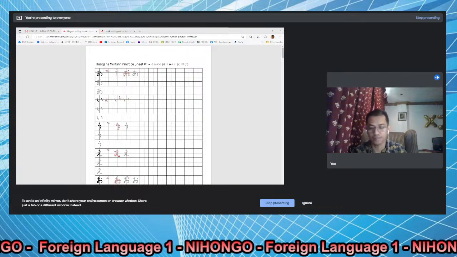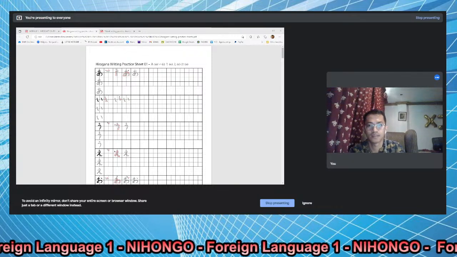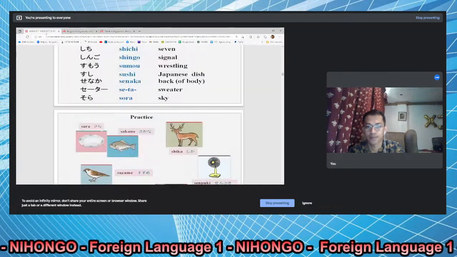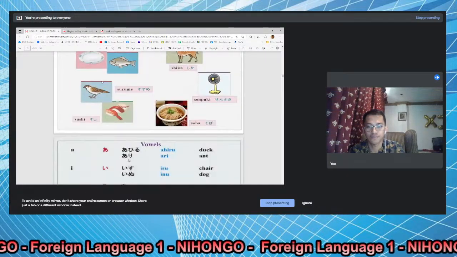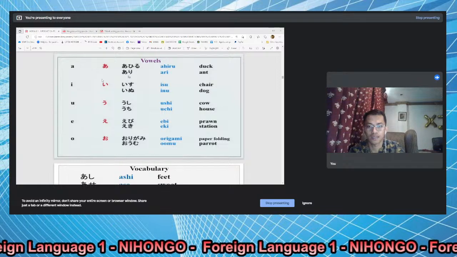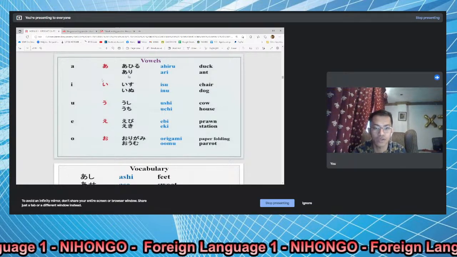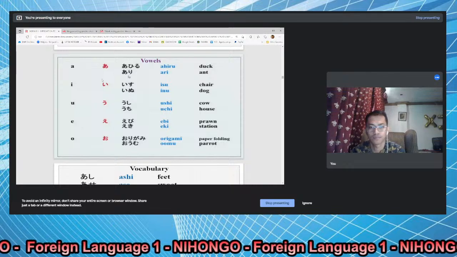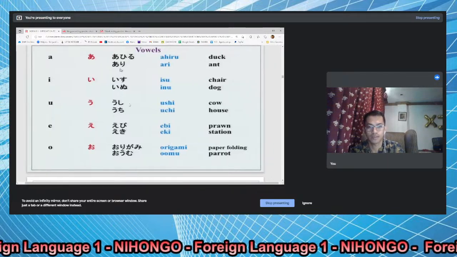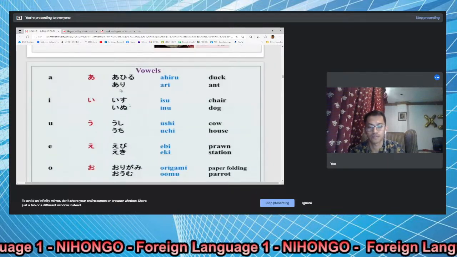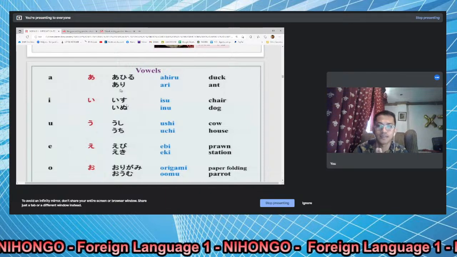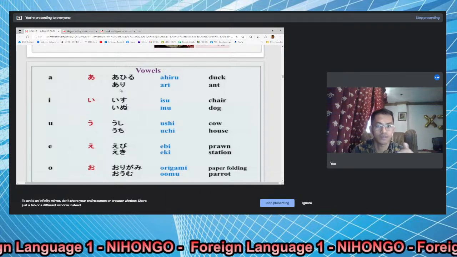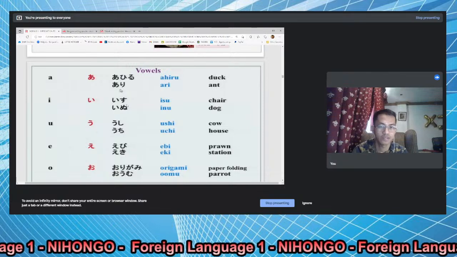And on top of that, I will also discuss the different hiragana words that you also have to study. So I have different hiragana words that start from the vowels.